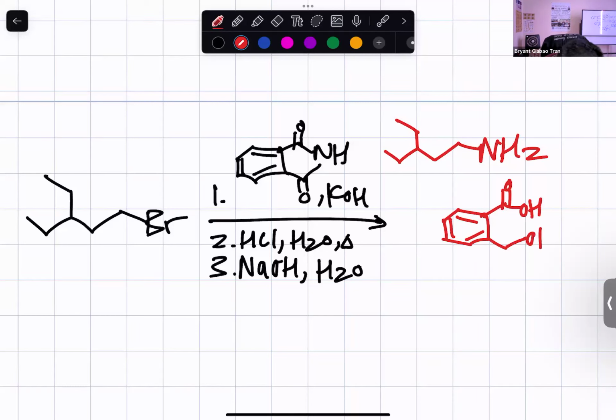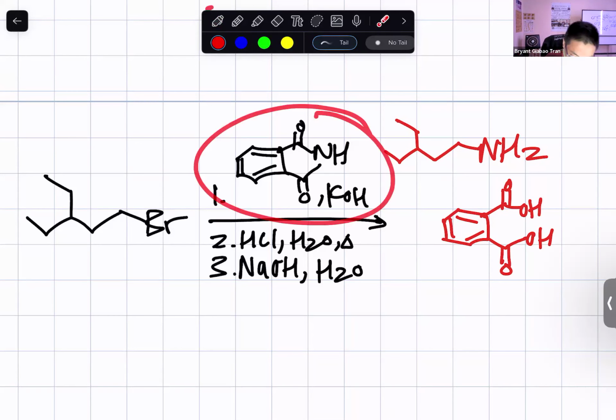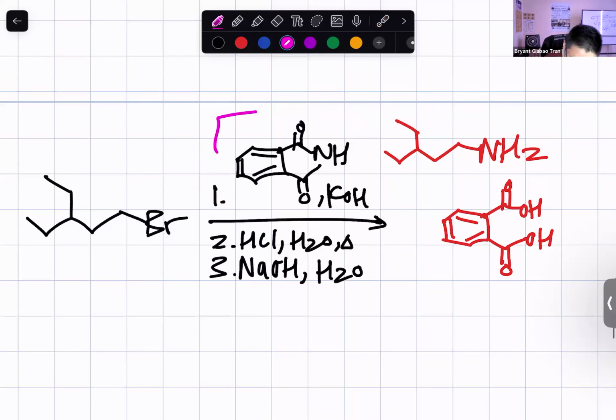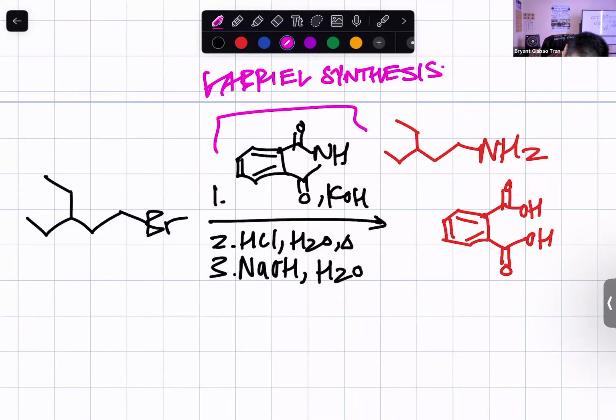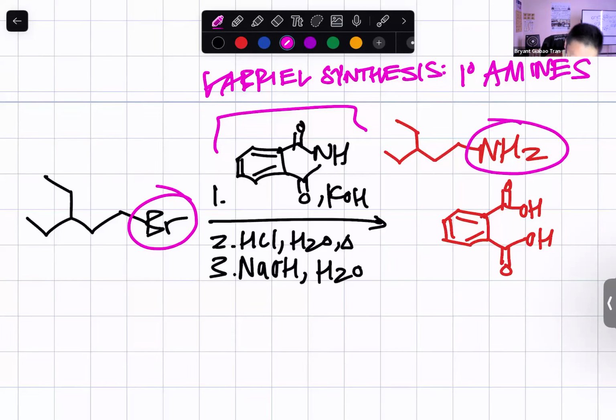So Peter pointed out a good way to predict the product quickly. When you see this phthalimide, that weird structure, it is a big indicator for Gabriel synthesis, which is one of the ways to make amines. And Gabriel synthesis always forms primary amines. The primary amine here is basically that haloalkane, but substituting that bromine with that NH2 to get the final product.